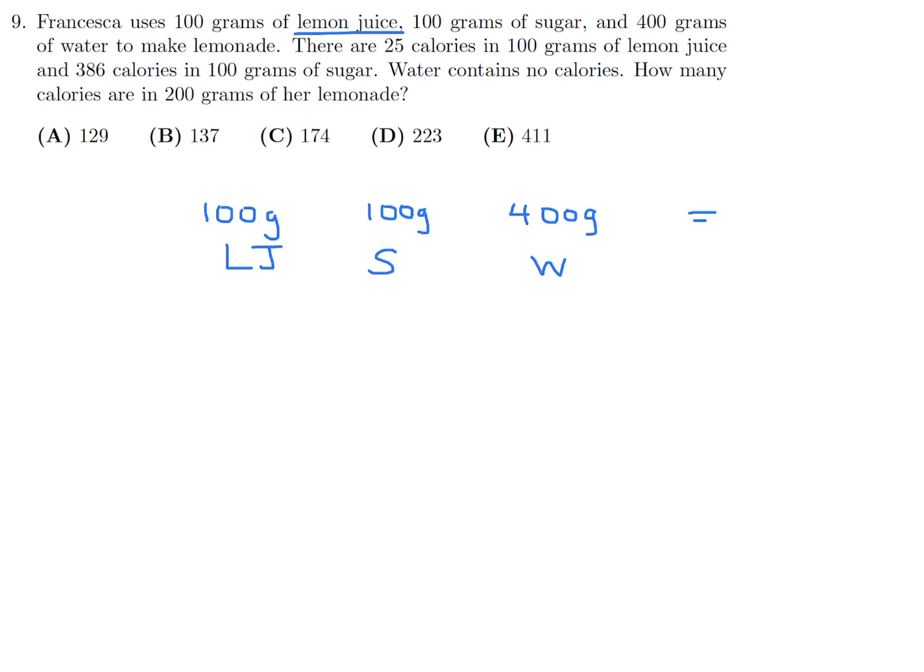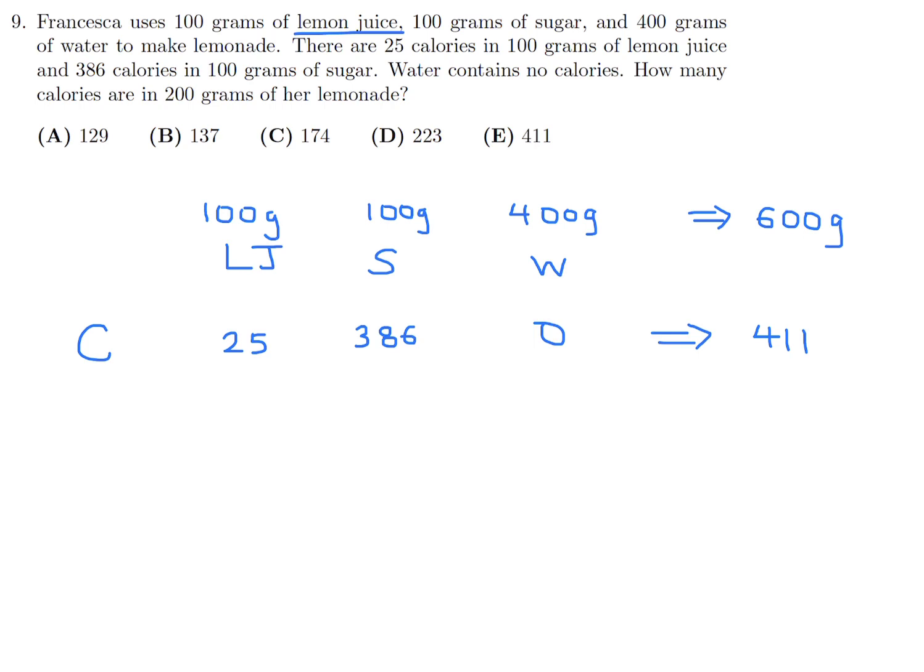And this total is 100 plus 100 plus 400, 600 grams total. And they tell you in terms of calories, see, lemon juice has 25 calories for 100 grams. And for sugar, 100 grams, it's 386. And then water is 0. So the total calories looks like 411.